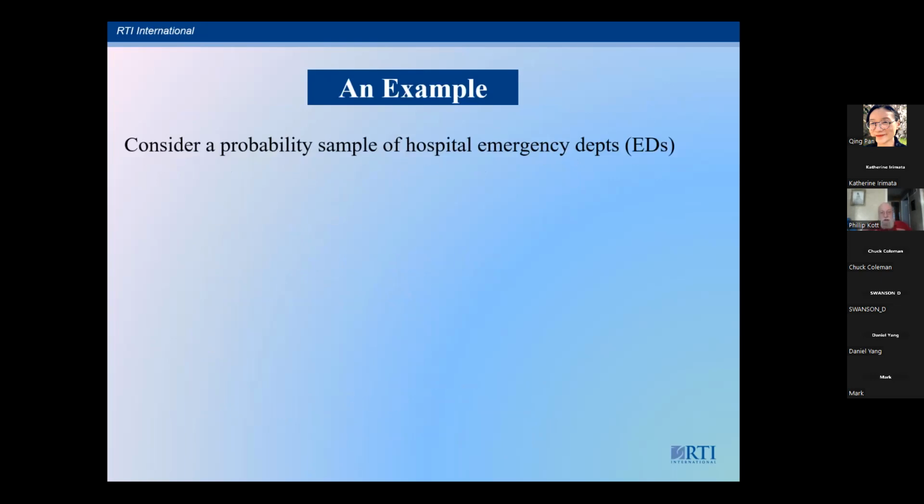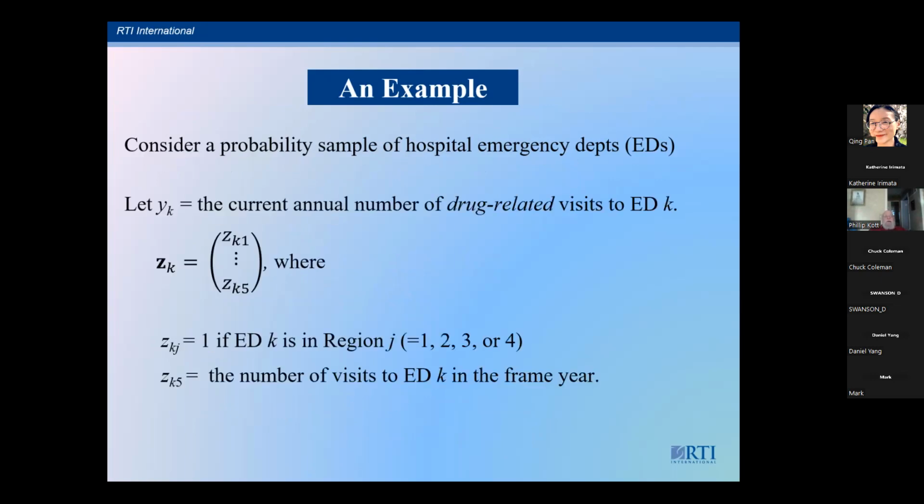I'm going to posit a little example because I'm going to have a lot of x's and z's and y's floating around. Sometimes it's helpful to think in terms of a real sample. So suppose yk is the current annual number of drug-related visits to emergency departments, which I'm going to call k.